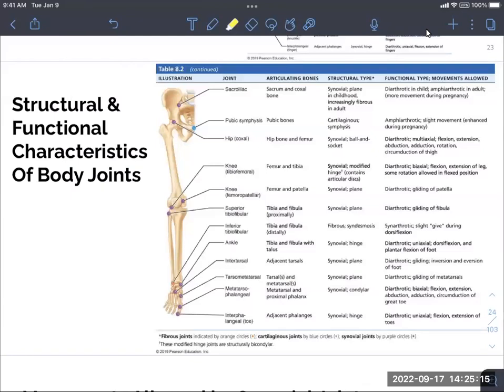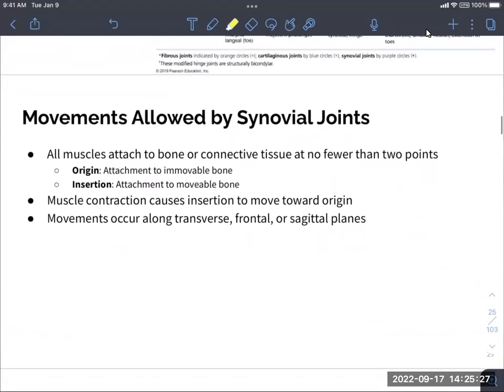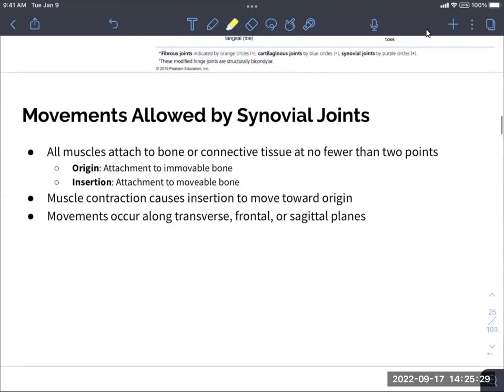And whether it's diarthrotic, amphiarthrotic, or synarthrotic. So that's all available on these charts for you. Some of our synovial joints move in one plane, some of them move in several planes.